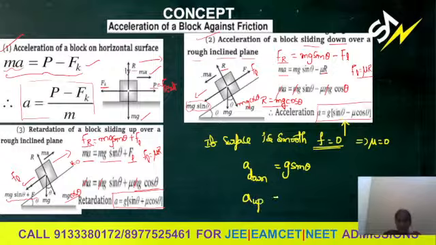Acceleration moving up: when it is moving up, the direction of motion is this way. Even here we need to put mu value 0. We get g sin theta, but in the opposite direction, so you can simply say minus g sin theta. The sign indicates it is against the direction of motion.